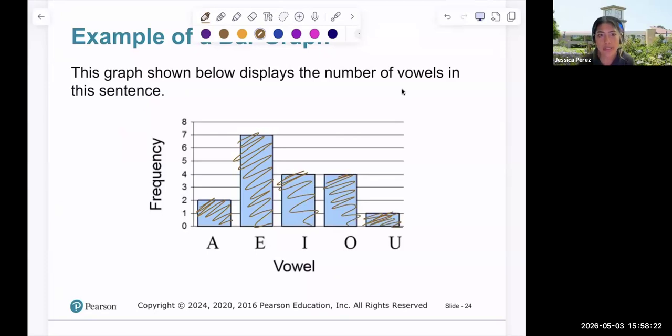So this graph shows below the number of vowels in the sentence. Once you say that, you start counting how many vowels. There were two in A, seven in E, four in I, four in O, and one in U. And again, this is a category of vowels. Vowels is a non-numerical value.